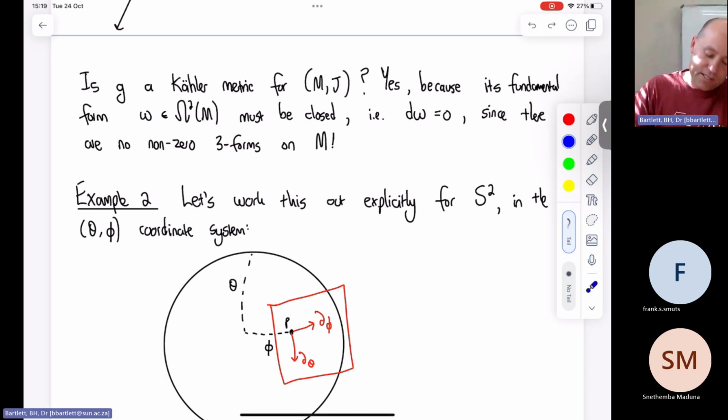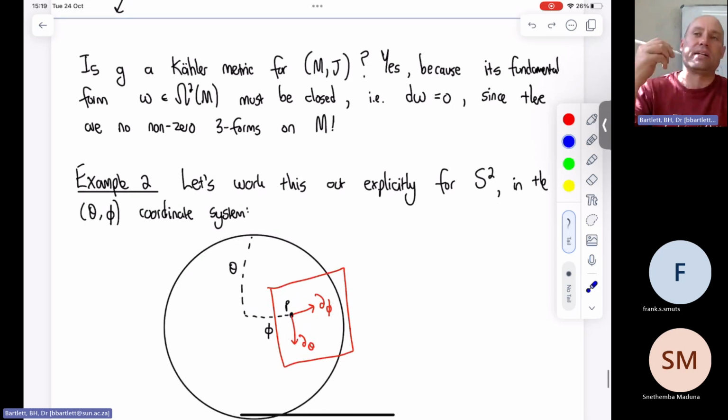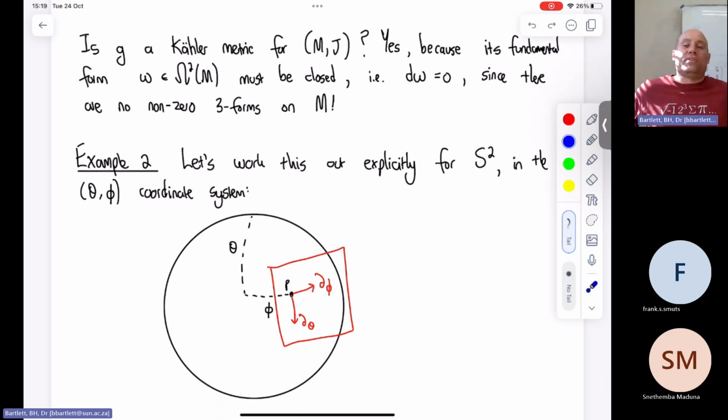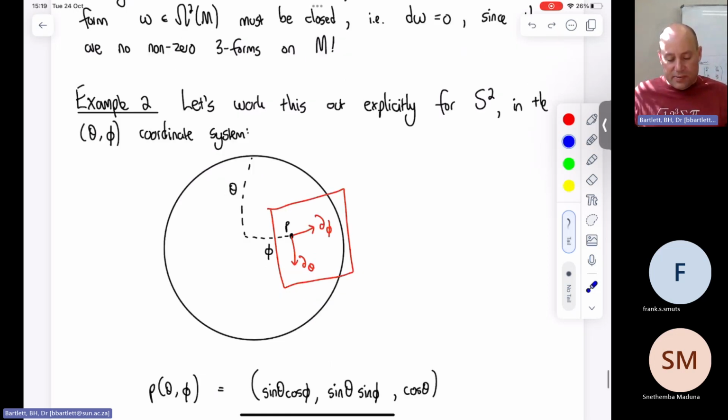And here's a point P. And notice where the coordinate tangent vectors go, right? Del theta goes down, because remember del theta is the vector associated to increasing theta and leaving the other coordinates fixed. So when I increase theta and I'm sitting over here, then I'm going to be going down. And if I'm sitting over here and I increase phi, then I'm going to be going to the right. Okay, so there's del theta and del phi. They form a basis for the tangent space. And I'd like to write things in terms of these coordinates, because these are the coordinates we know and love for S2.